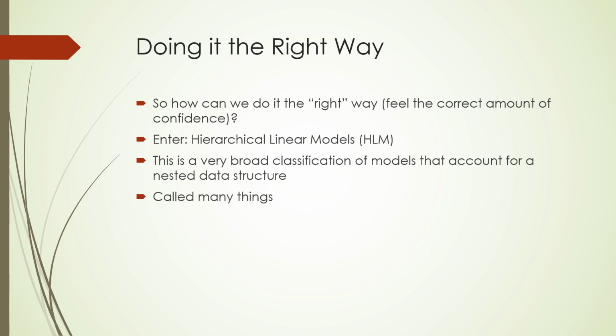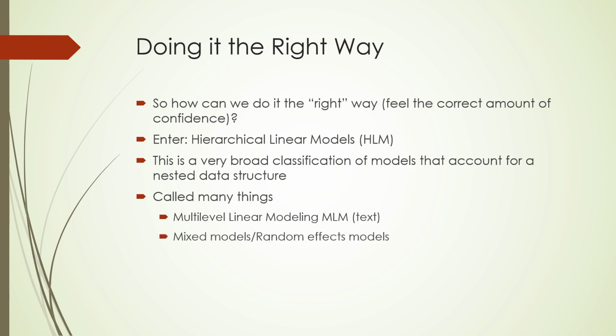Now, it's important to realize that this approach is actually called many different things. Sometimes you'll hear it called multilevel linear modeling. This is what our Tabachnick and Fidell book calls it, multilevel linear modeling. And their explanation for why they do that is actually quite funny, so check it out if you haven't.